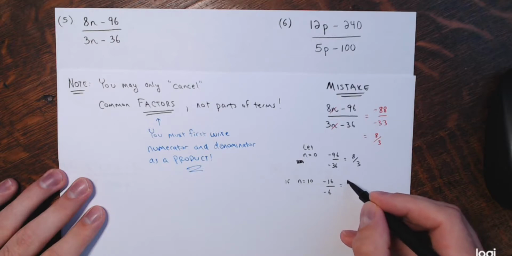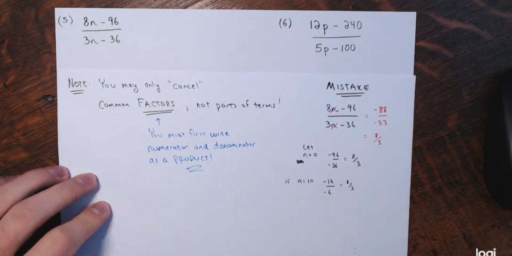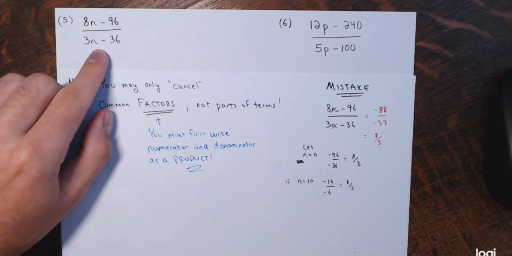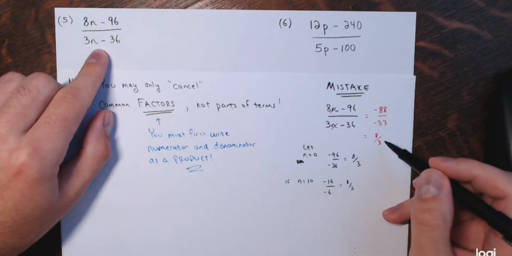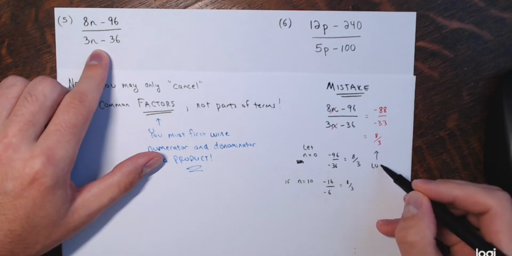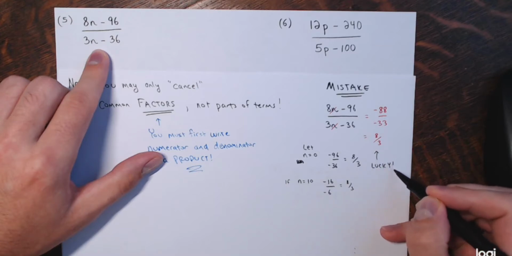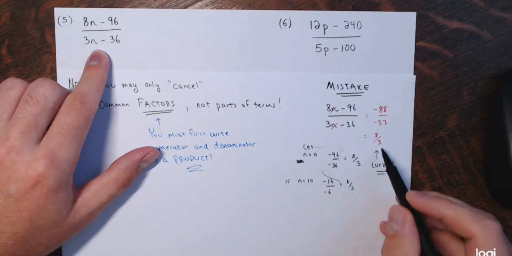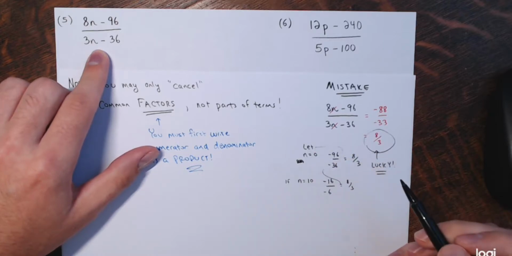You know what? This is a bad example. I am very sorry, I'm just now seeing it. When we do this the proper way, it'll end up being 8/3. This is a very, very lucky example. I am so sorry. This actually ends up being correct, 8/3.